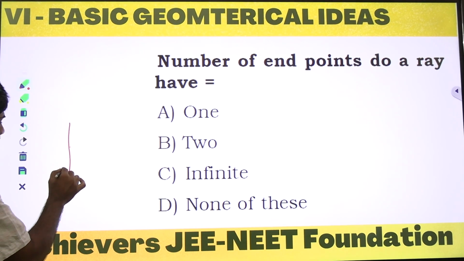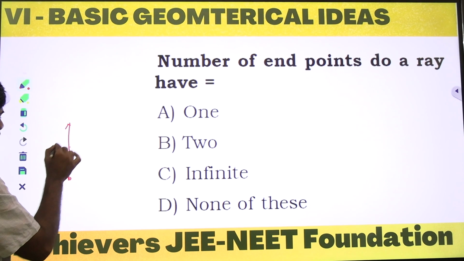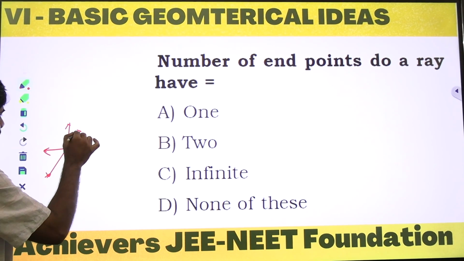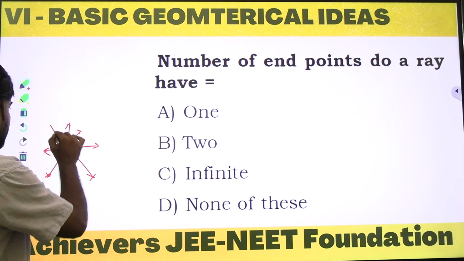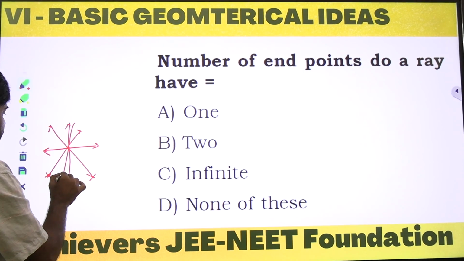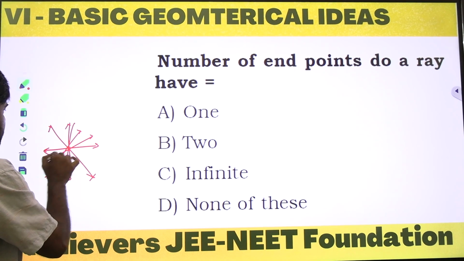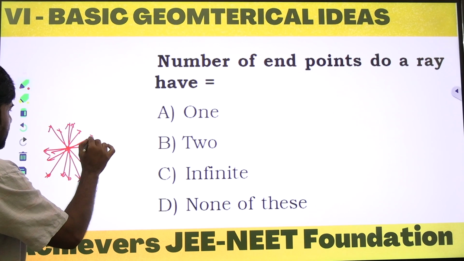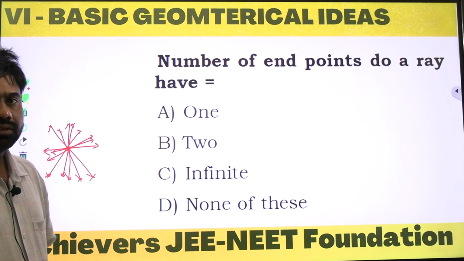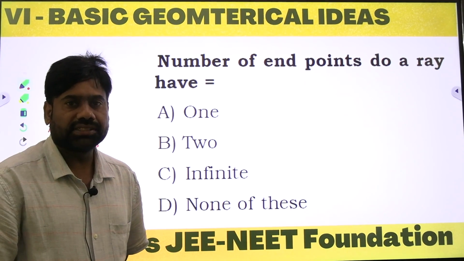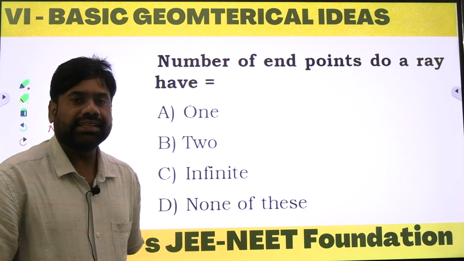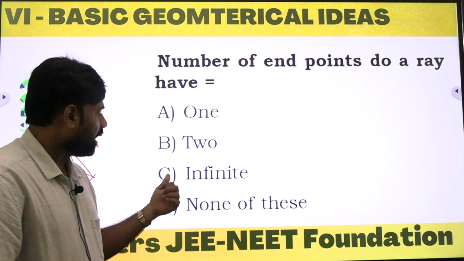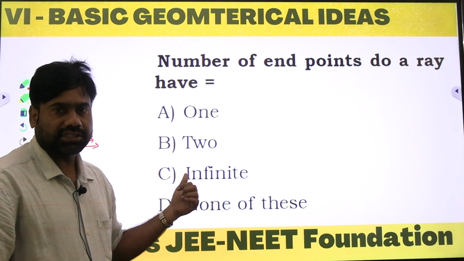Let us see. 1, 2, 3, 4, 5, 6, 7, 8. Like this, we can draw so many lines. That means indirectly, infinite number of lines can be drawn through the given point. Therefore, option C, infinite, is the correct answer.